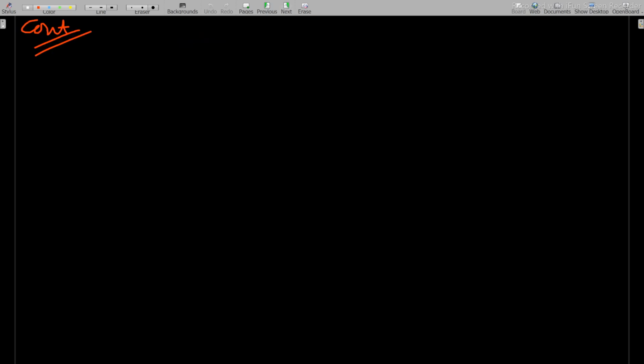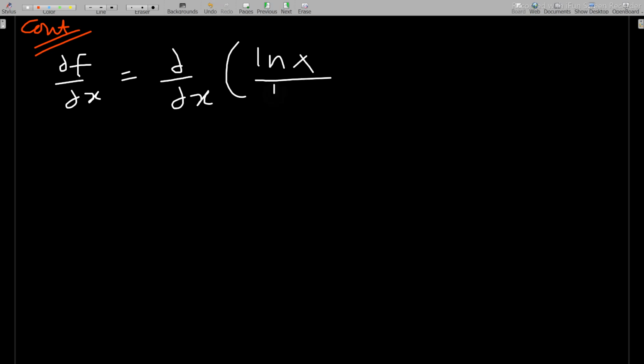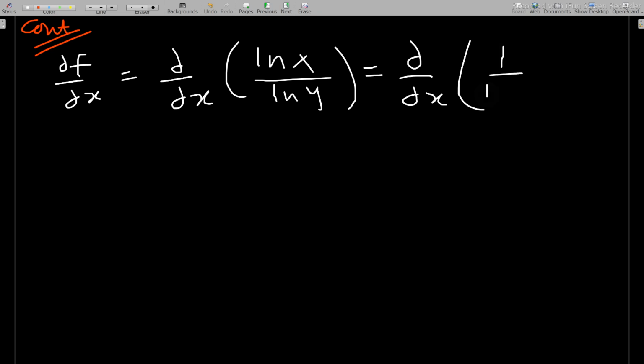So simply, del f del x here will be equal to del x of len of x over len of y. This fraction means del x of 1 over len y times len x. I intentionally did this because I just wanted you to know how it looks.